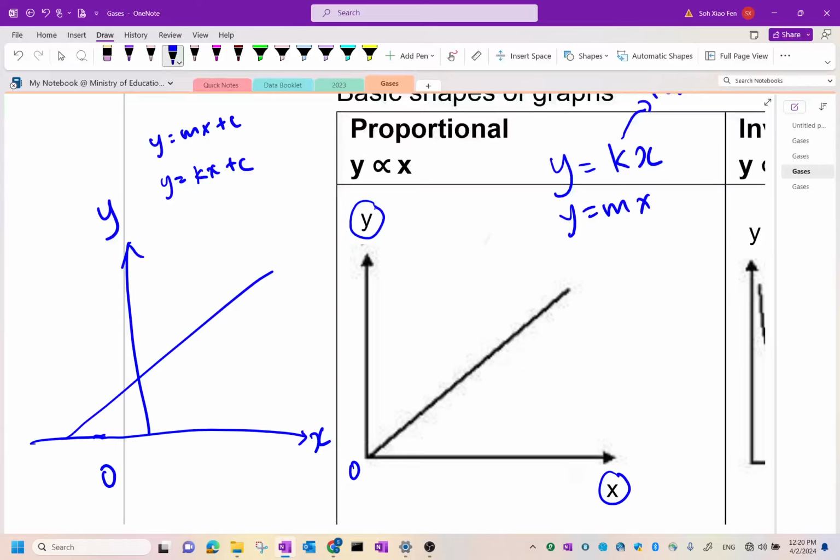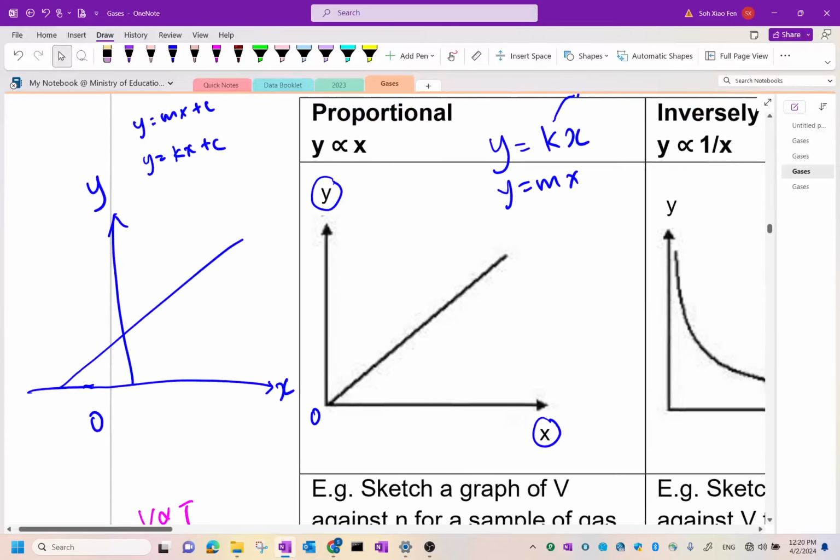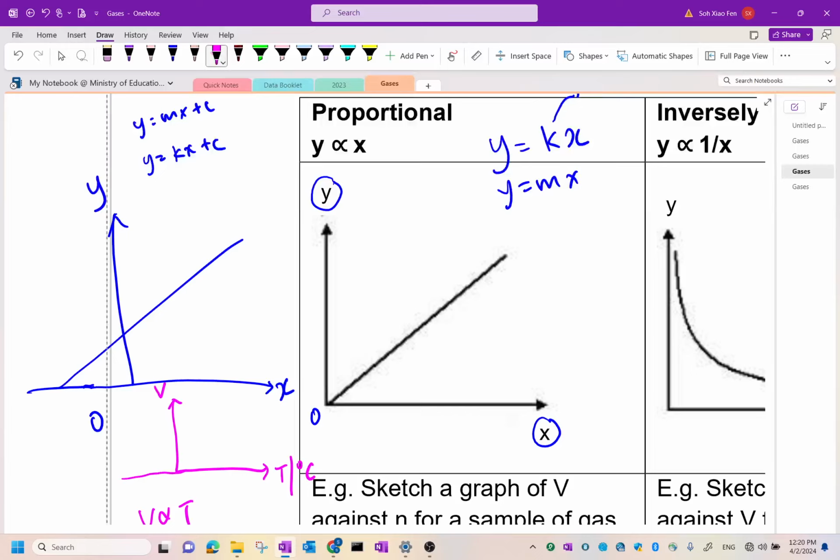This is the situation we discussed earlier, where the y-axis is your volume and your T is not in Kelvin but in degrees Celsius. It will be a straight line that doesn't pass through the origin, but cuts your y-axis with a c-intercept, and it goes all the way to minus 273. This is how it looks.